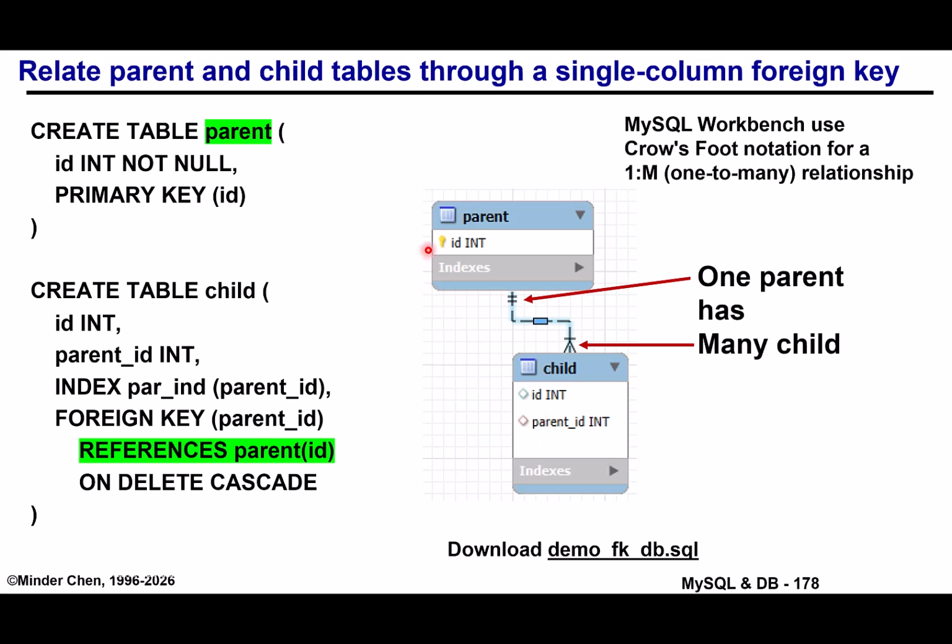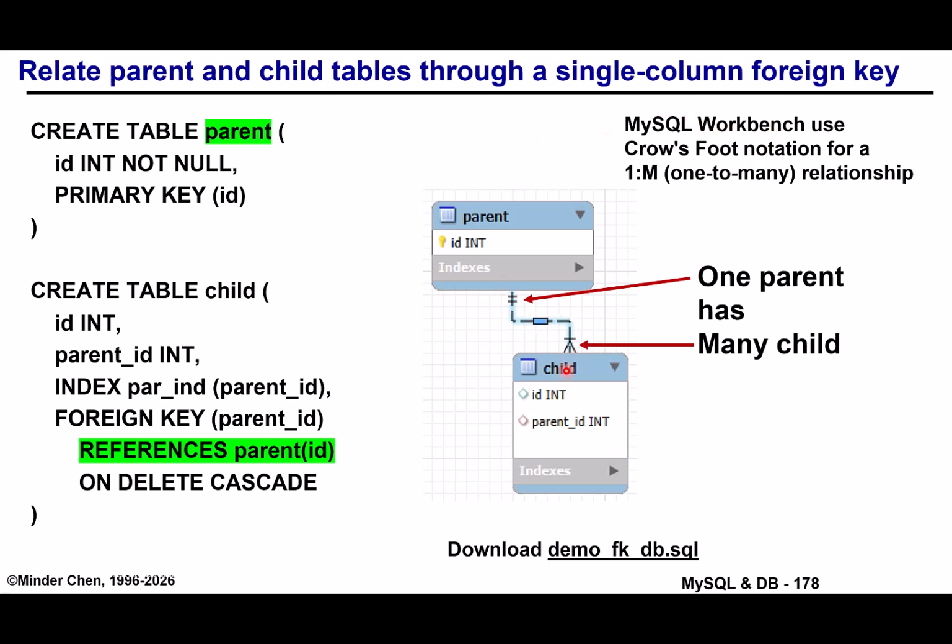For instance, if you delete a department, then all the employees in that department will be deleted if you specify on delete cascade. Cascade is actually a row delete in the parent table, and all the corresponding values of the primary key value in the child table will be removed. Okay.